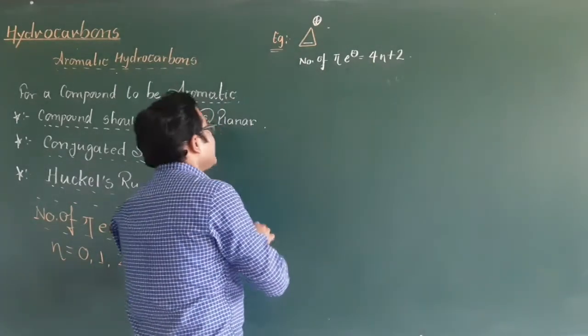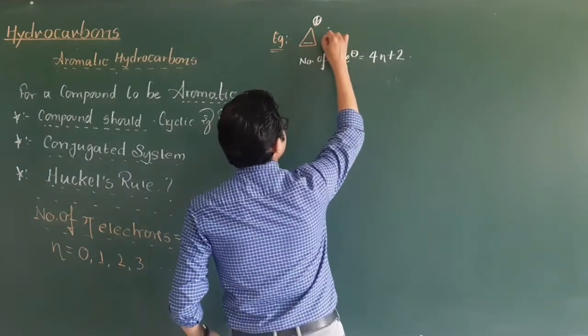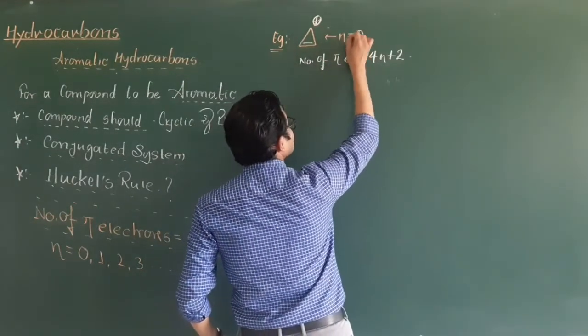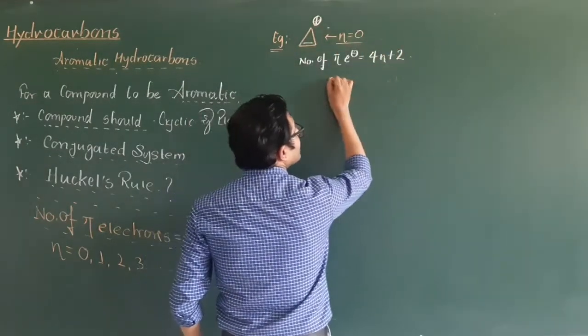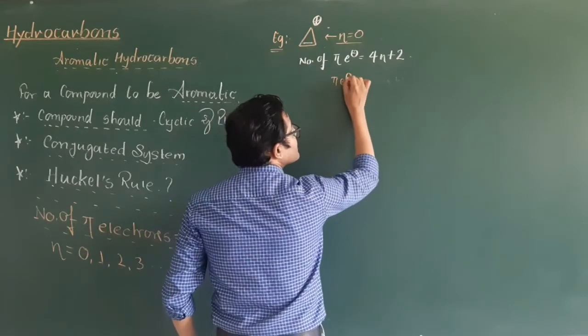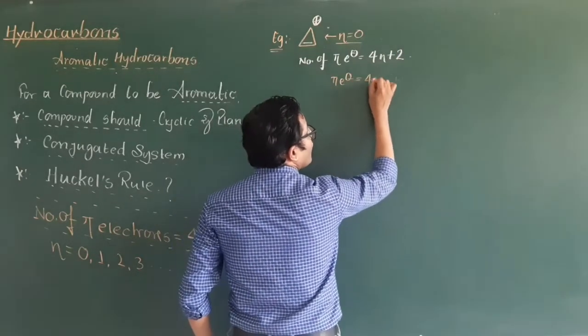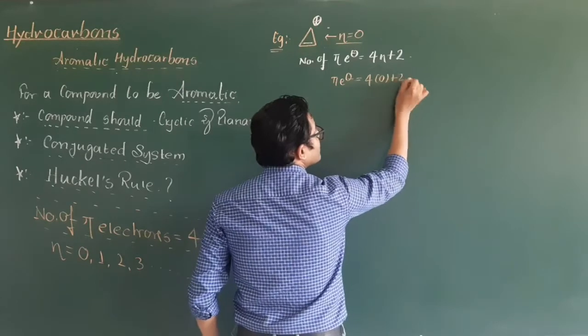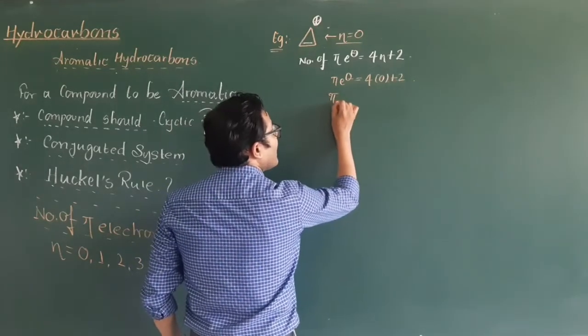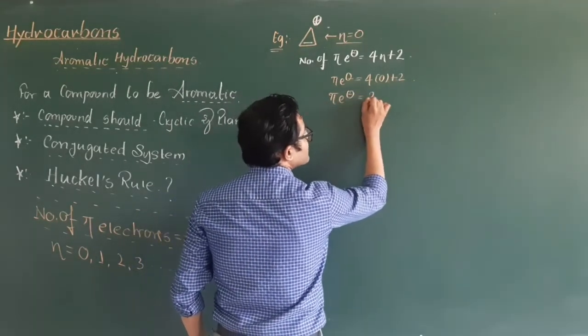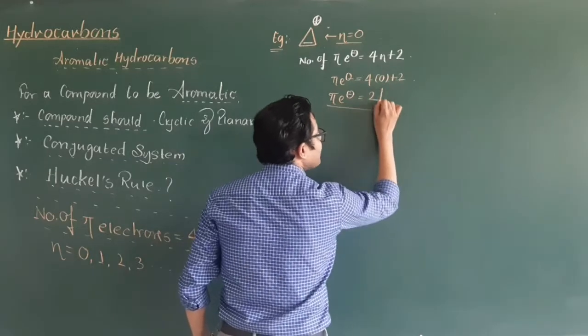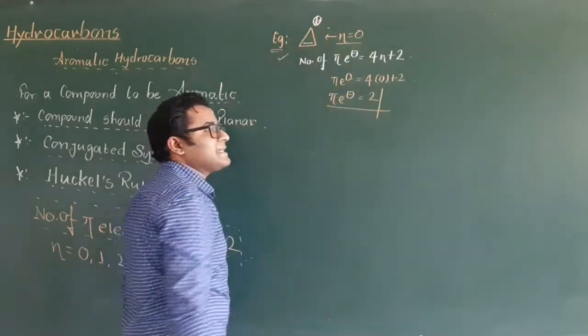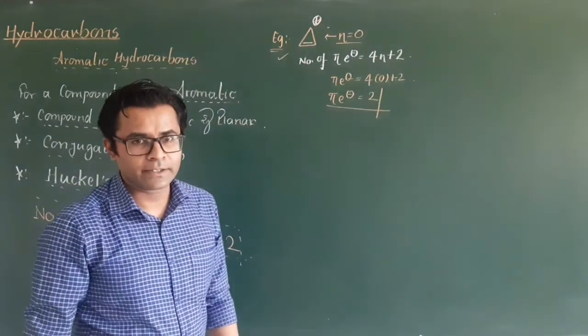So in this particular case, n is equal to 0. If n becomes 0, that means pi electrons is equal to 4 into 0 plus 2. Correct. So pi electrons are 2, and therefore this given system is aromatic in its character.